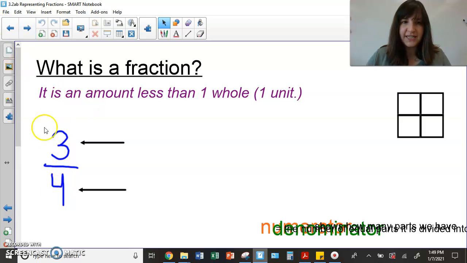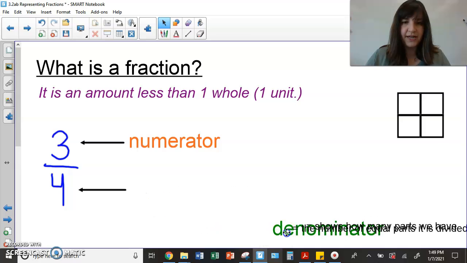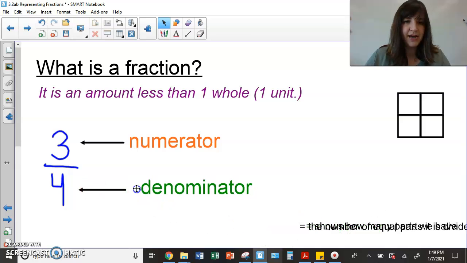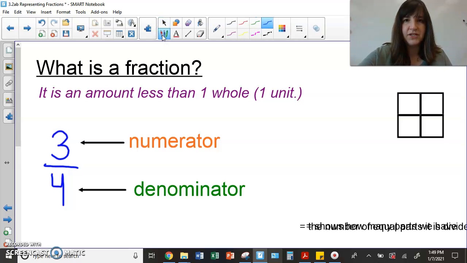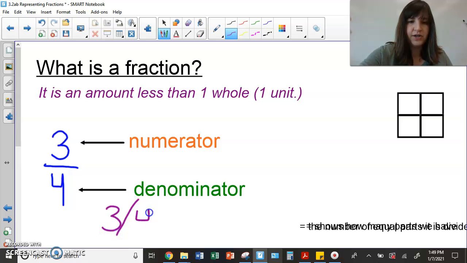So when you see a fraction, you will see a line in the middle, which is our dividing line, and we have something called the numerator, which is the number on the top, and the denominator, which is the number on the bottom. And sometimes you might notice, if you see 3/4, that it's also written 3/4.